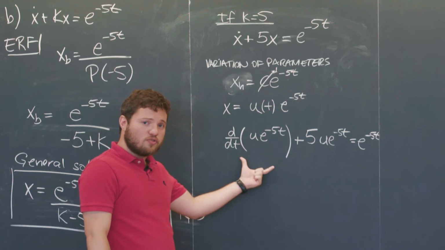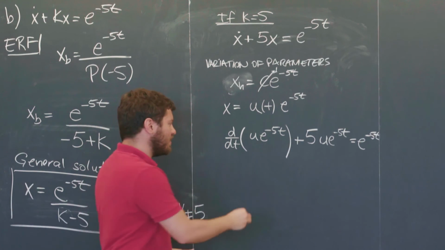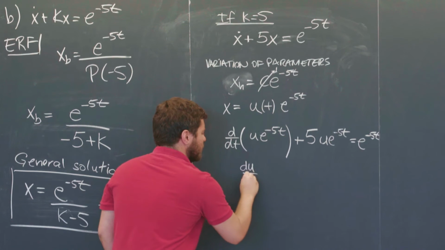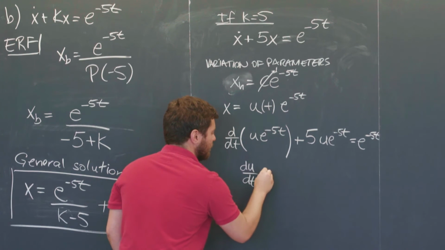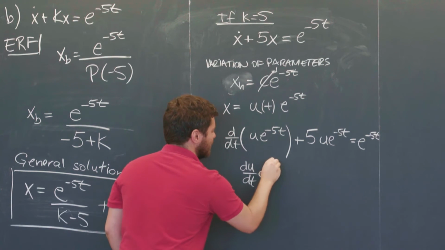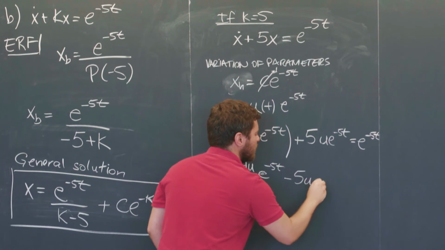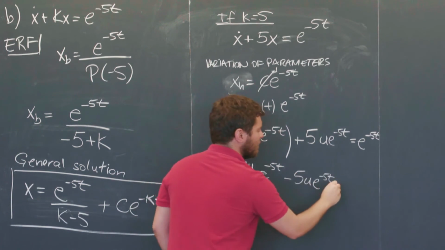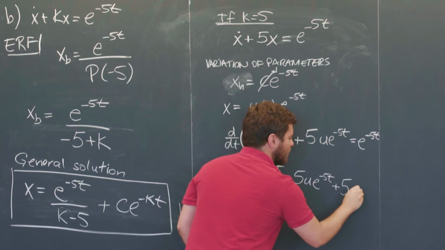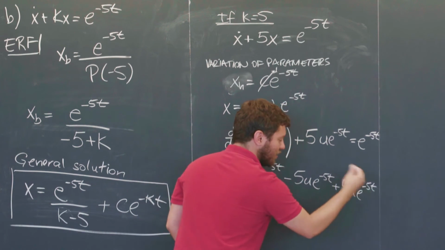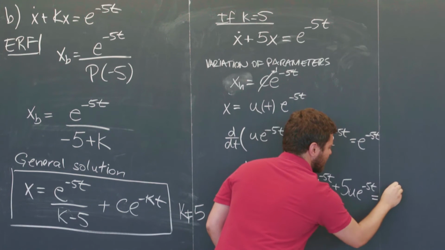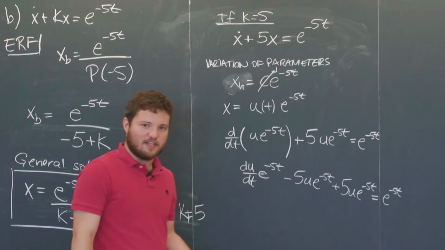Now, we use the product rule to simplify this term, which gives us du/dt times e to the minus 5t, then we get a minus 5u e to the minus 5t plus 5u e to the minus 5t. And all of this is equal to e to the minus 5t.